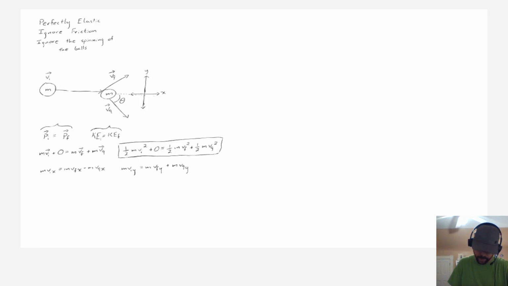So now we just need to figure out what the x and y components are, as a number value.